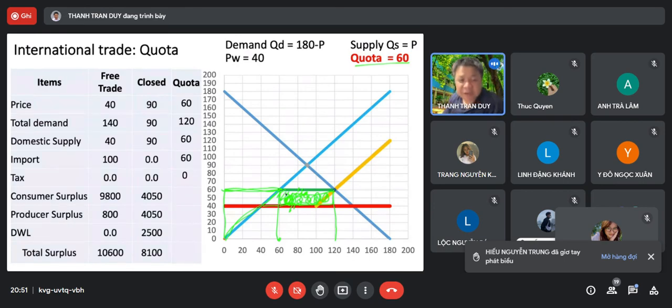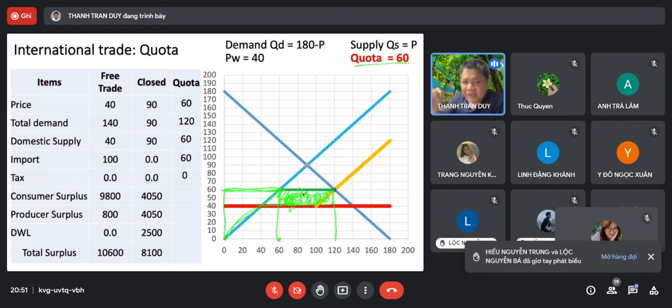So who takes this one? Because if we have a tax, we have tariffs, right? The government takes this one. But in this case, there are no tariffs. Who takes this one? Nobody takes this one? No, someone takes it. You know who?